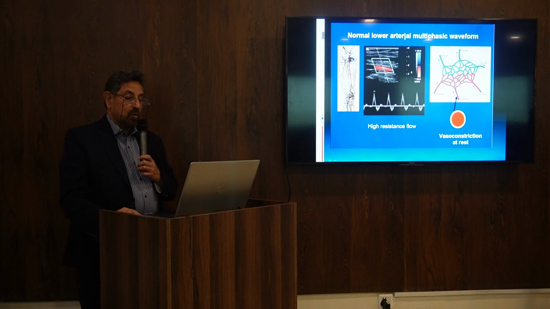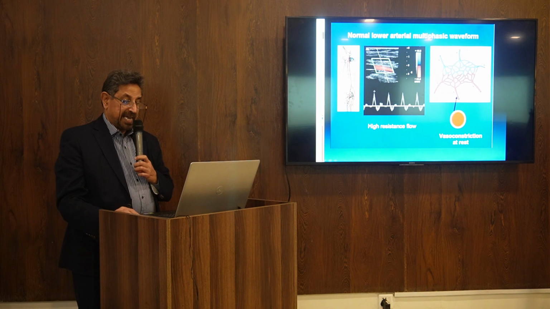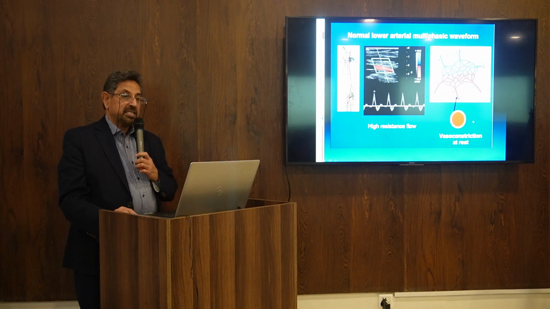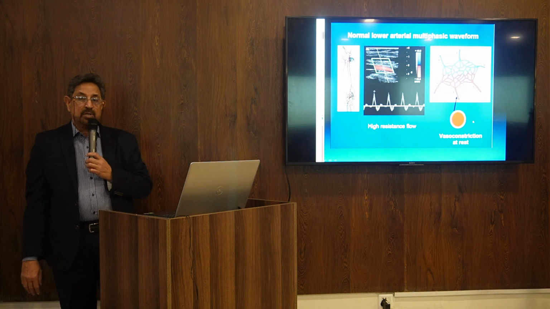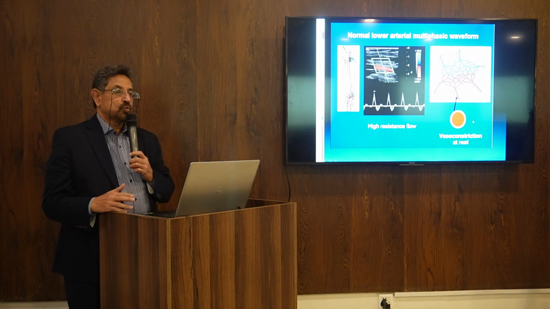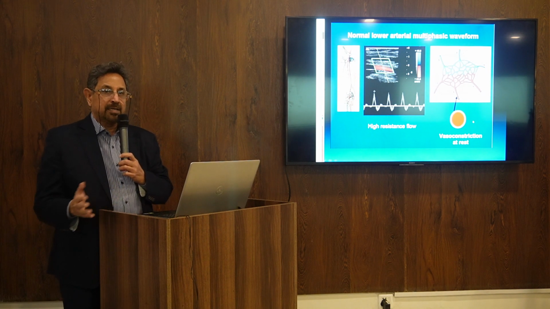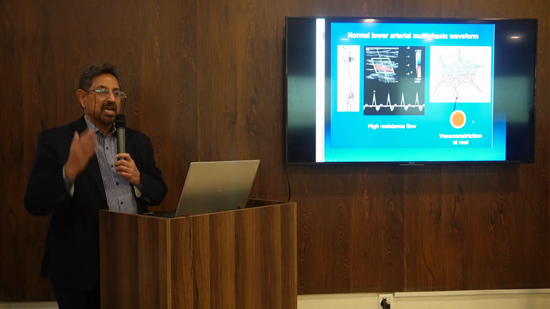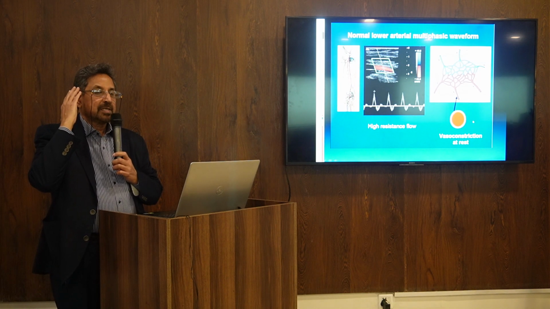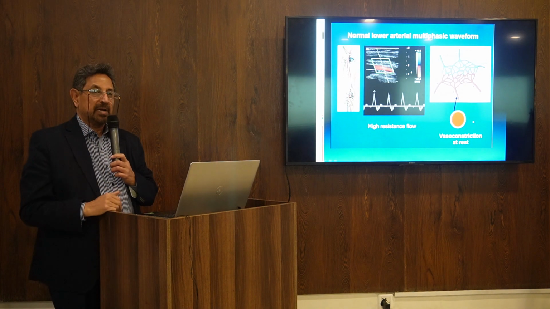A normal lower arterial multiphasic, triphasic waveform will be seen when you start scanning either the upper limb or lower limb, and there is a vasoconstriction, we know that, because of uninterrupted supply to VIPs. What are the VIPs? The worker class don't get uninterrupted supply. So the VIP is the brain. So carotids have uninterrupted supply, always very good supply there.